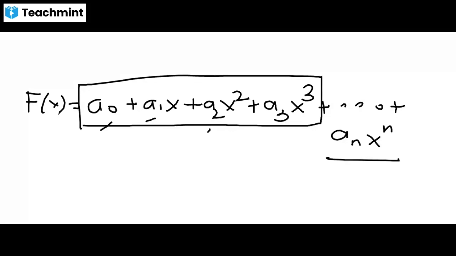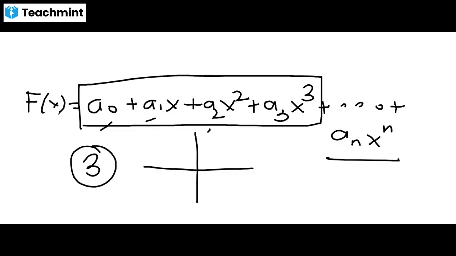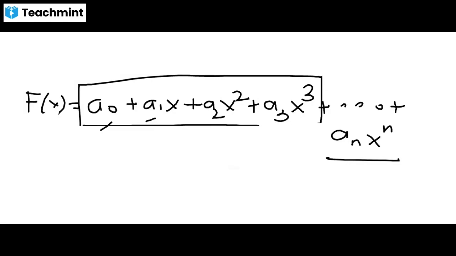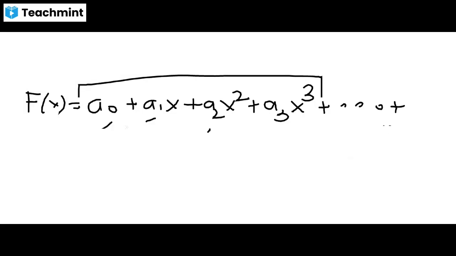So if we draw the curve of any particular cubic equation, then what we will see is that it will cut the x-axis at three different points, right? These three different points represent the roots of that cubic equation. Where this y-axis is our f and this x-axis is our variable, right? The x is the variable or the root where we can get the roots of this polynomial, right?